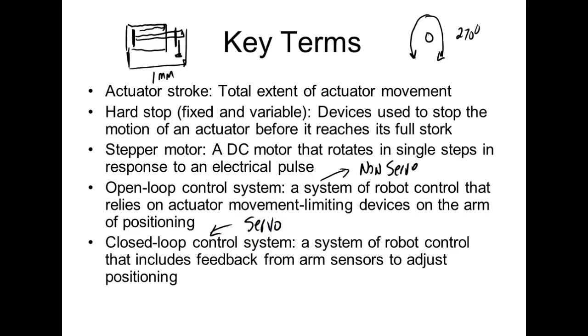Those terms are used interchangeably. So a closed loop system is a system where we have something out there that provides feedback.